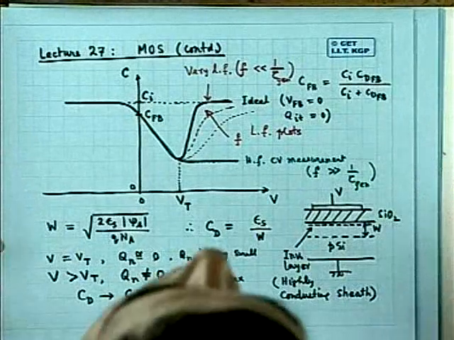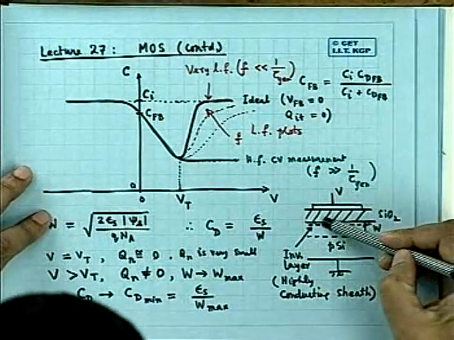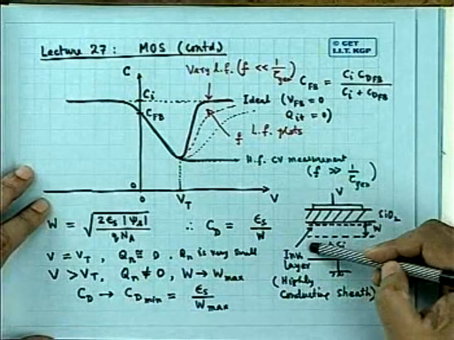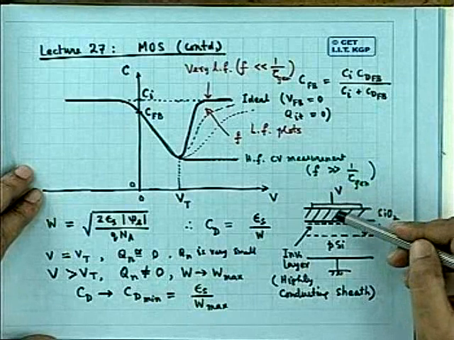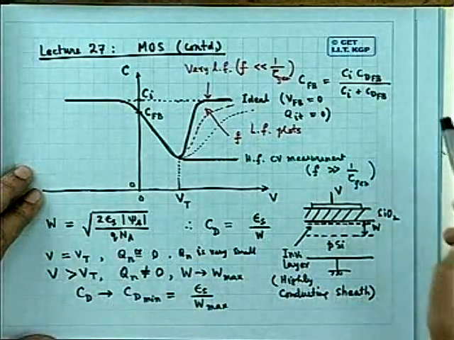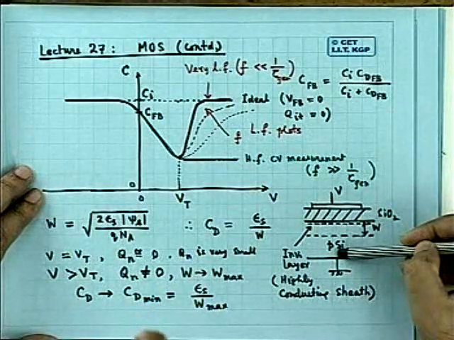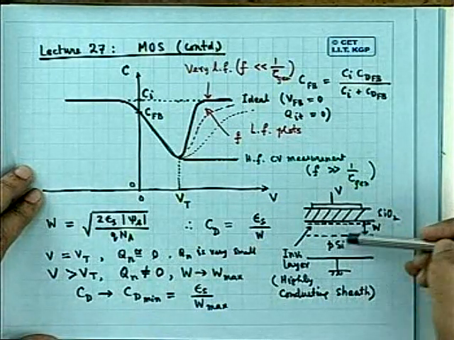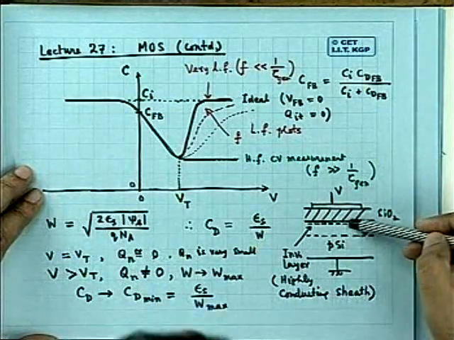And this generation is not a very rapid process. So if you change the voltage rapidly, that is if dV/dt is very large, then you are not allowing the inversion layer to form. If the inversion layer does not form, then will there be any shielding effect? If you do not allow the inversion layer to form, will there be any shielding effect?